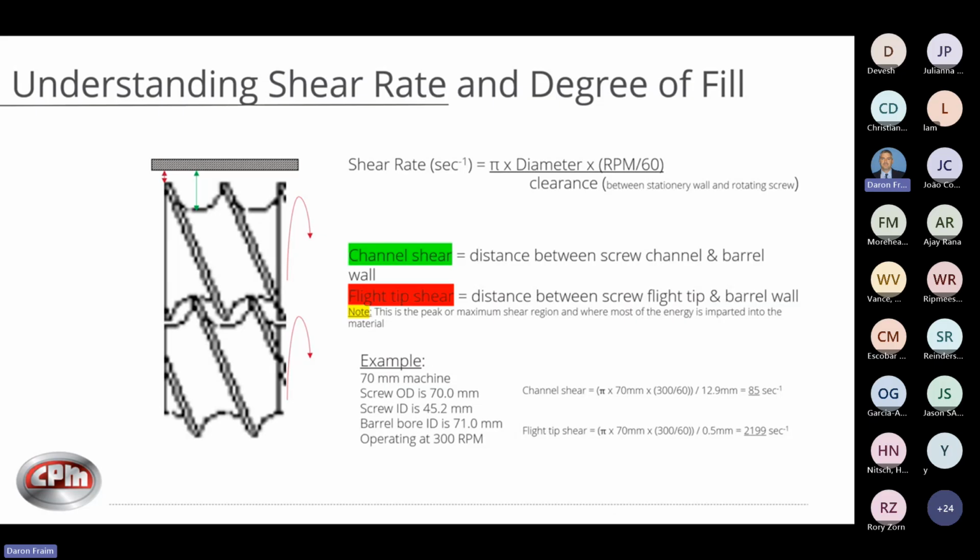And that one's important because this is where most of the energy input is imparted into the material. And you can see here for this example at a 300 RPM operating condition, the shear rate's quite different. In the channel shear, you're at 85 reciprocal seconds, where you're at nearly 2200 on the tip.